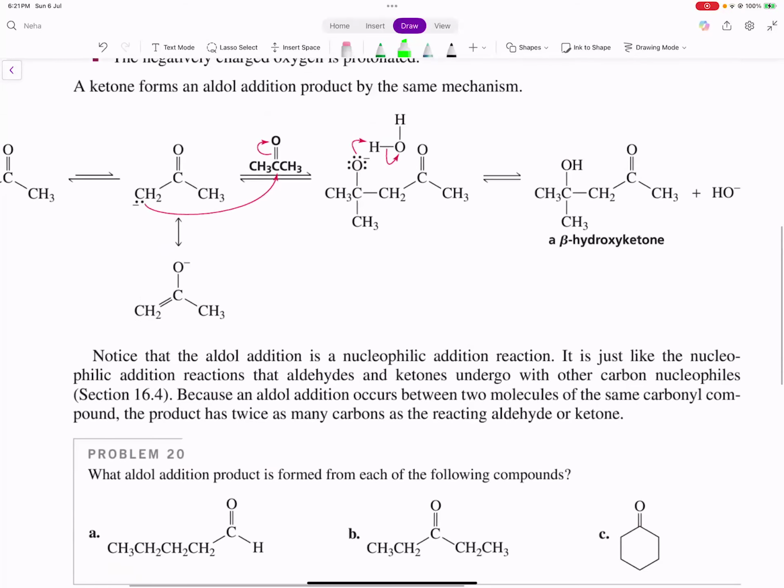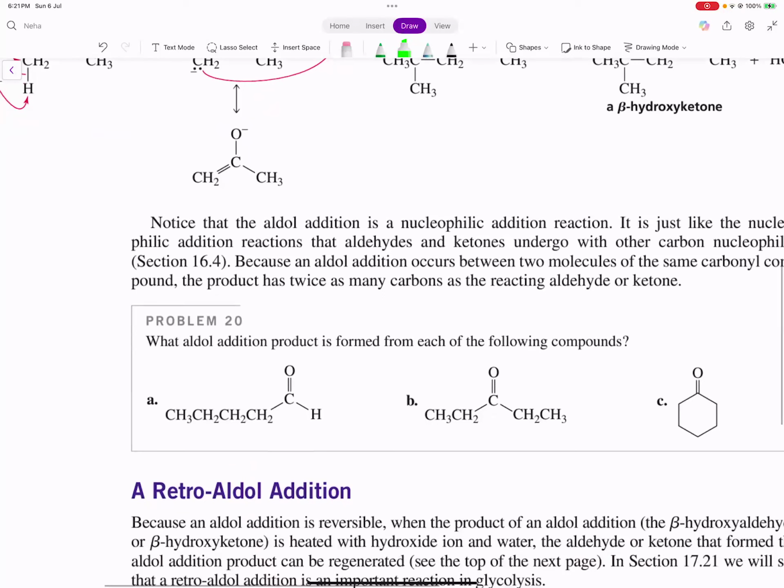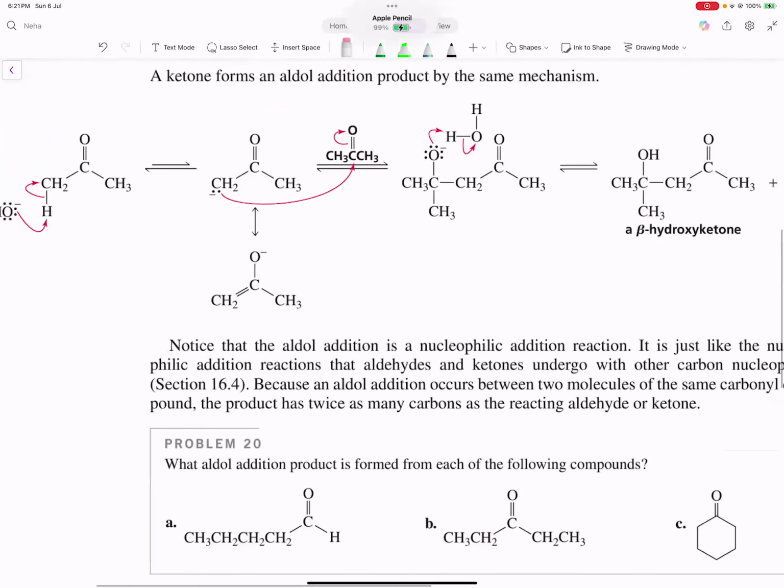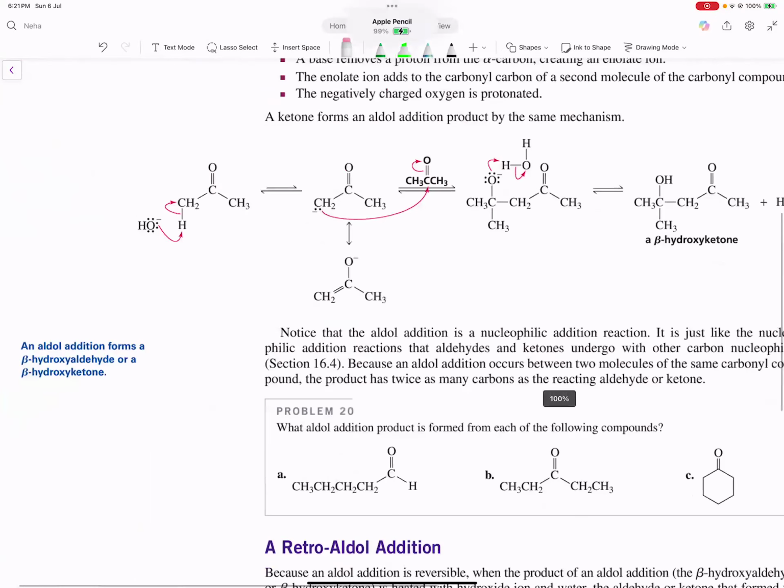But which aldehyde do I take? Which alpha hydrogen? This is the one, right? Yes, I got it. Draw the second molecule and add to the carbonyl group. Got it? You can also see this. Same thing you have to do.